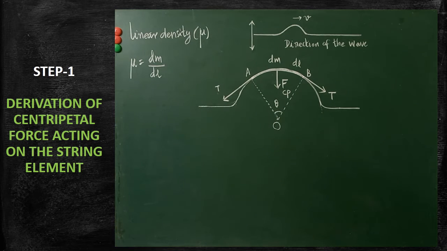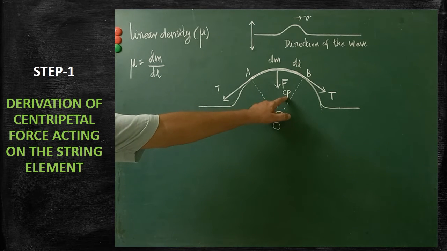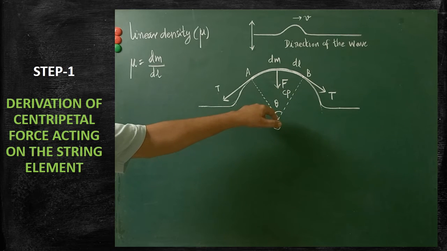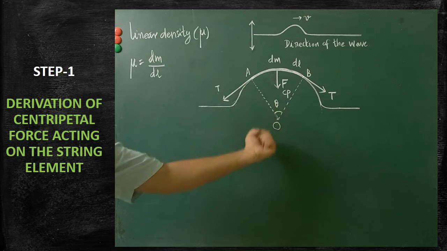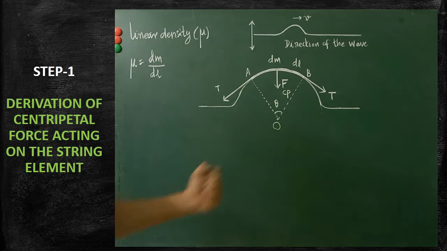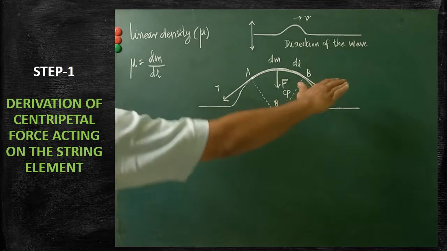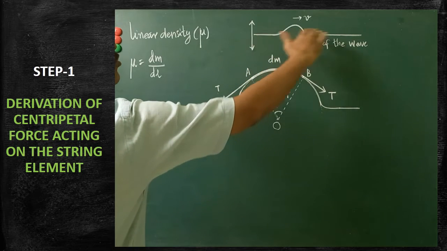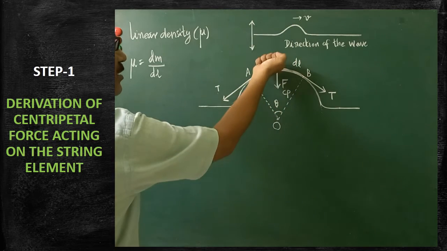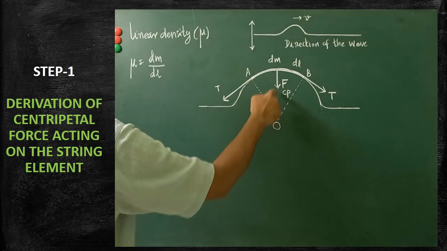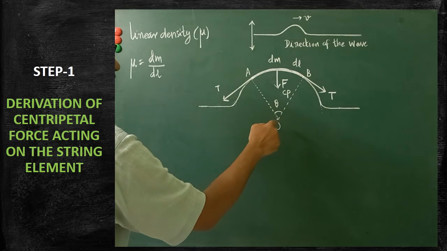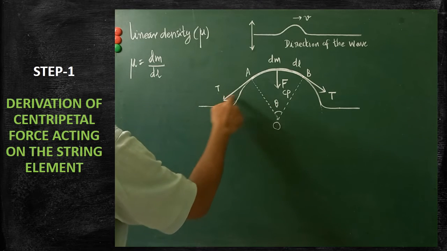CP denotes the centripetal force. Because this arc portion will always be pulled by the centripetal force. When the pulse keeps moving, the arc portion will be pulled towards the center. So there must be a centripetal force acting towards O. That is because of the tension.